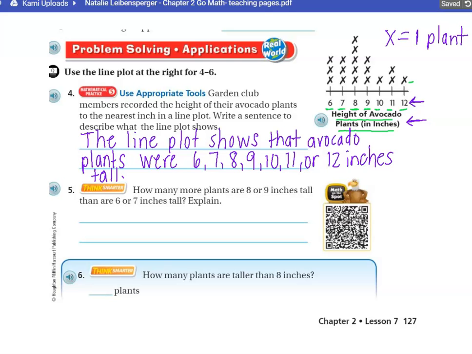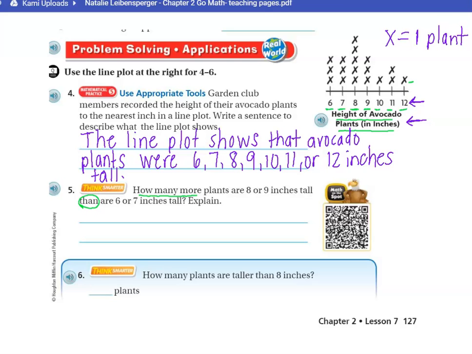Now we're going to go to 5 where we're thinking smarter. How many more plants are 8 or 9 inches tall than 6 or 7 inches tall? Well, whenever I have a problem like this, I'm going to pick out key words first. So I think I'm going to notice here, let's see, how many more than I see here.